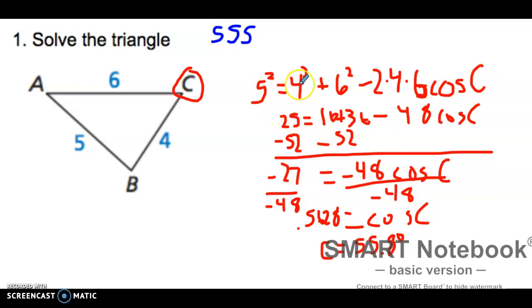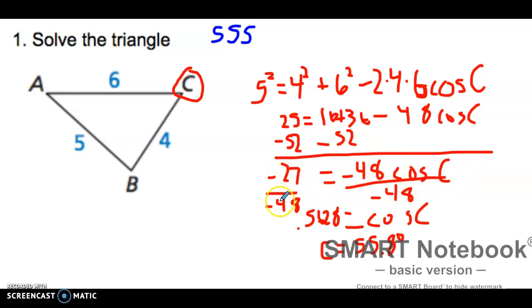5 squared is 25, 4 squared is 16, 6 squared is 36, 2 times 4 times 6 is 48, cosine of C. 16 plus 36 is 52, so I'm going to subtract 52 from both sides. I get negative 27 equals negative 48 cosine of C. I'm trying to get the cosine of C alone, so I divide by negative 48.